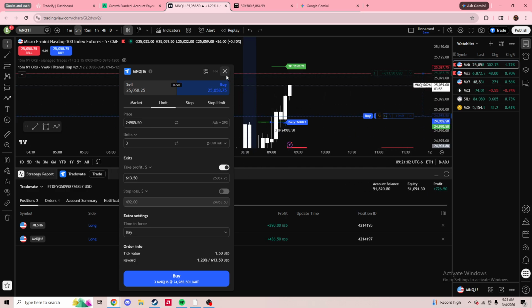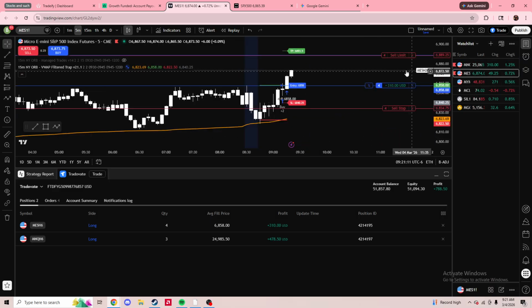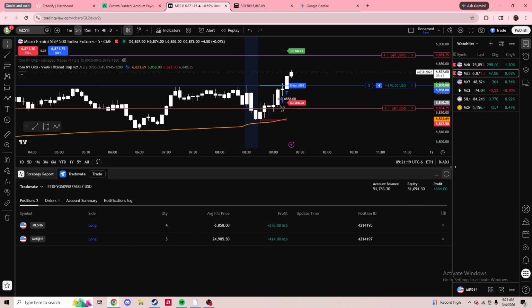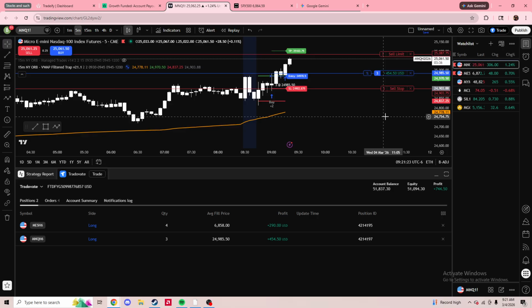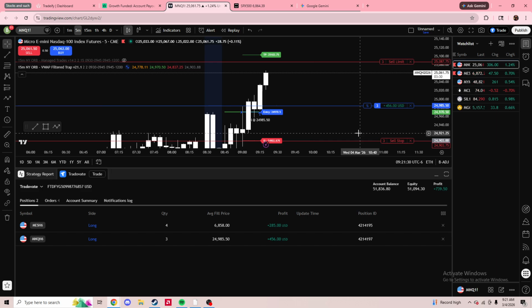So I have 600 NQ, 600 MES, which is too much. So NQ will hit first, and then we'll drag MES down. God willing, NQ will hit first, and then we'll drag MES down based off of that.